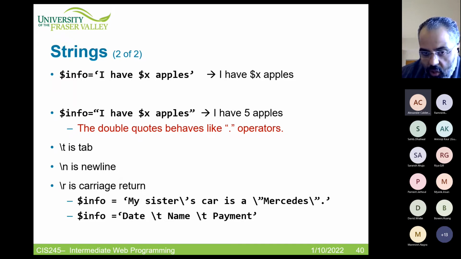Why are we using slash? Slash t is tab, and we have this slash r when we talk about carriage return. Do you get my point? What is the difference between a new line and carriage return? It's not the same as when we go to HTML to break a new line. Is it okay for you?